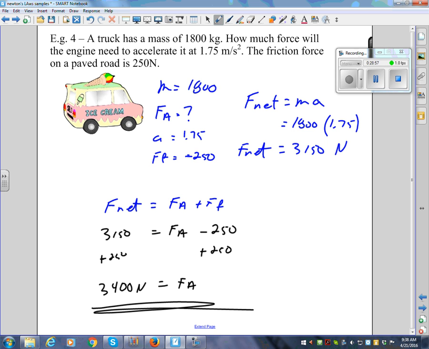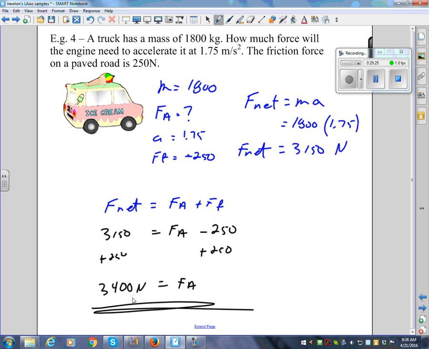It makes sense because? So, what he said was that if I need 3150 of net force, do I need more than that to apply? If I need 3150 and there's friction, how much more do I need to overcome friction? 250 more.